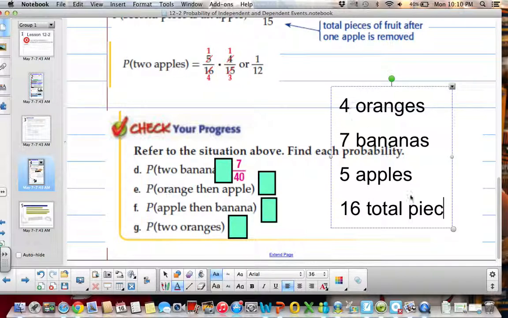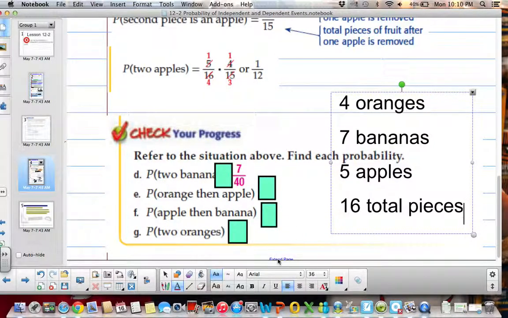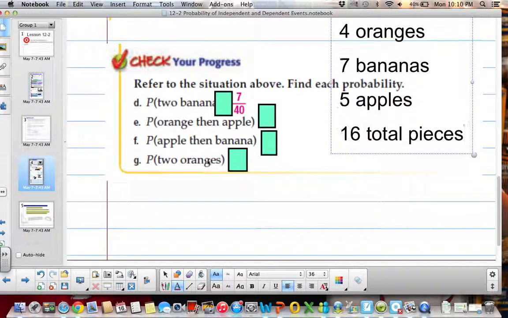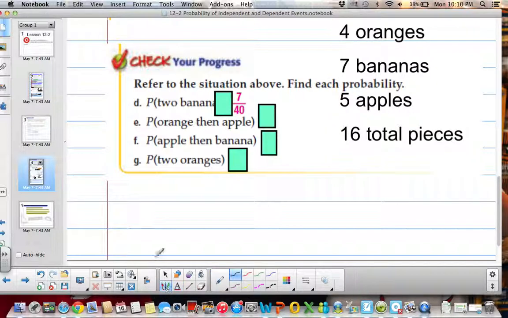There we go. My computer's freezing up. Okay, so the probability of an orange and then an apple. Okay, so we have probability of an orange. I should have written the other ones like this too. So probability of an orange then would be, there's 4 oranges to choose from, so 4/16.